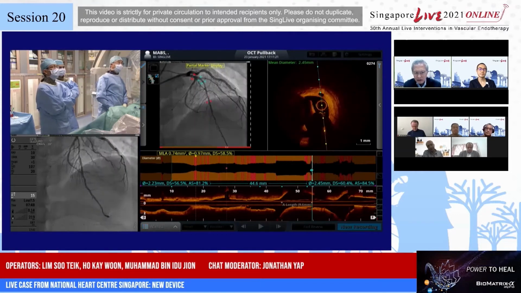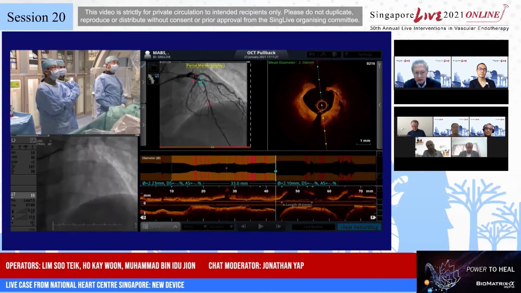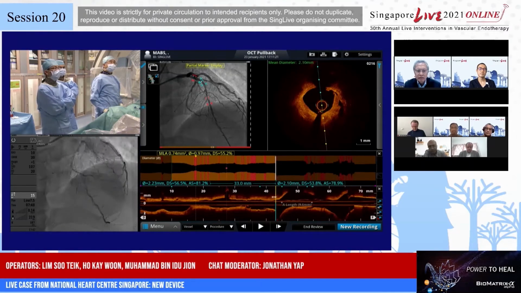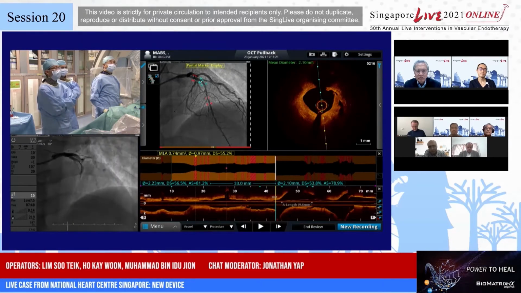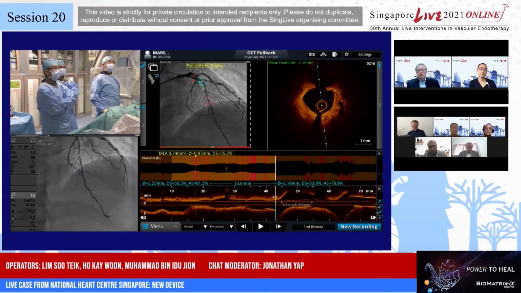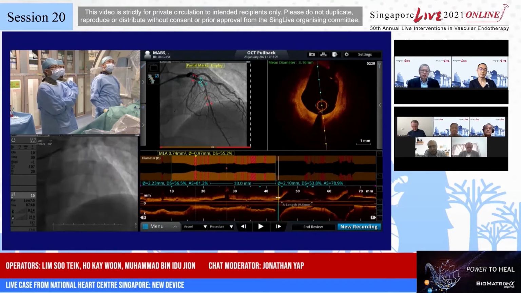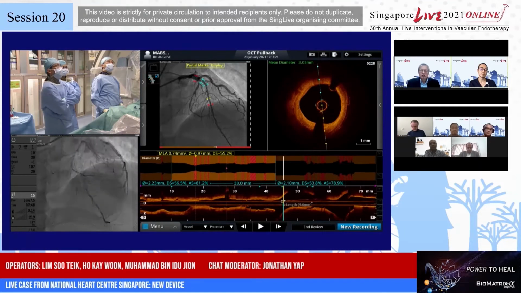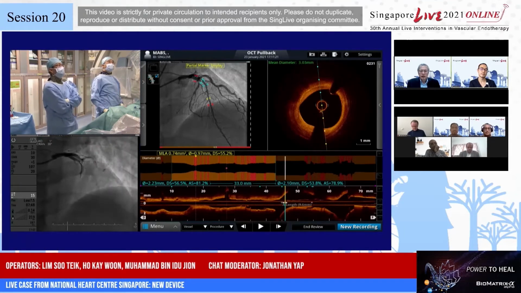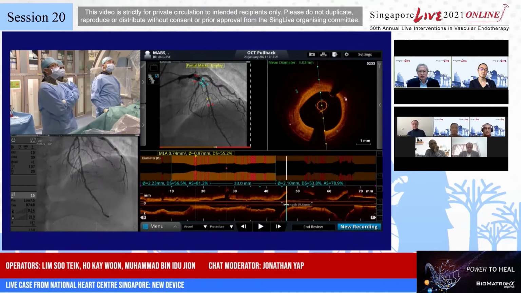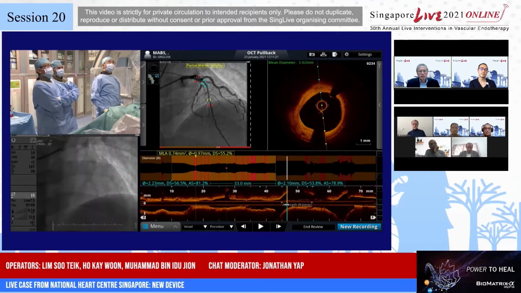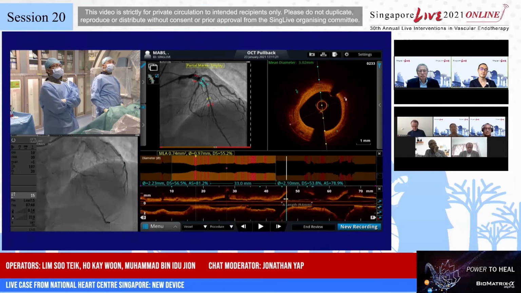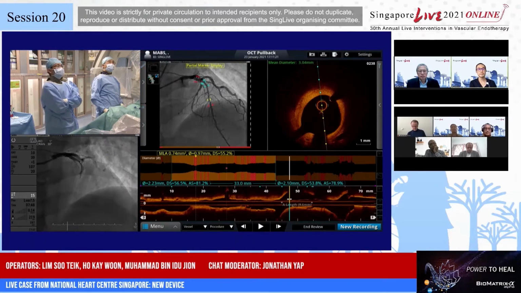We do see disease just immediately after the diagonal, so we probably will need to cover over the diagonal to adequately cover, which means it will cross over the diagonal. Yeah, and down here it looks relatively disease-free. Then you don't have to come all the way back proximally. 38.